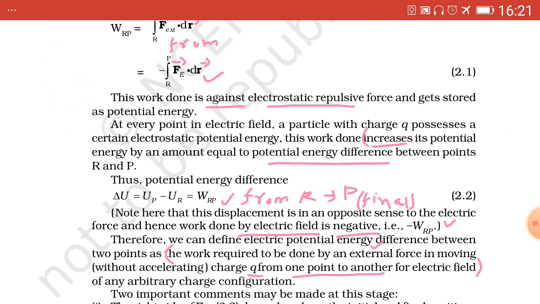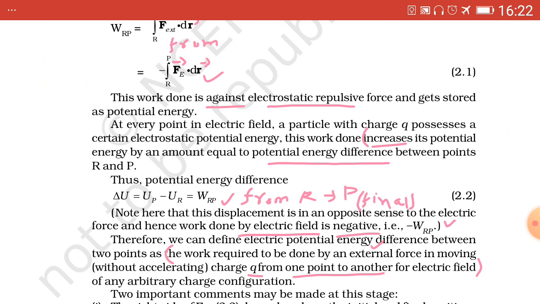Why is it so? Because work equals force into displacement, and here displacement is in the form of dr, that is a very small displacement. A small part is considered for which work done is calculated. Like this, several work done are calculated, and the total work done will be in the form of an integral.